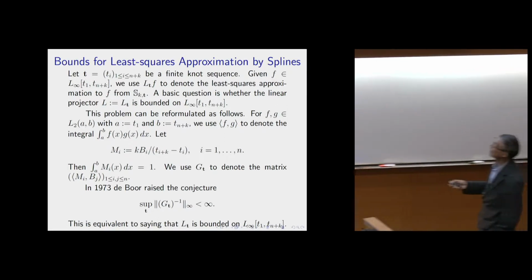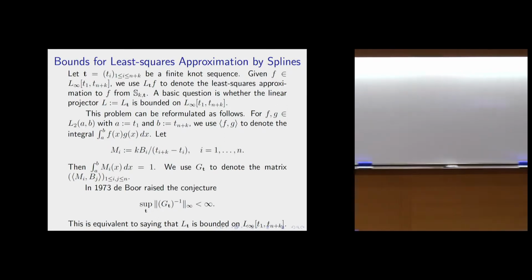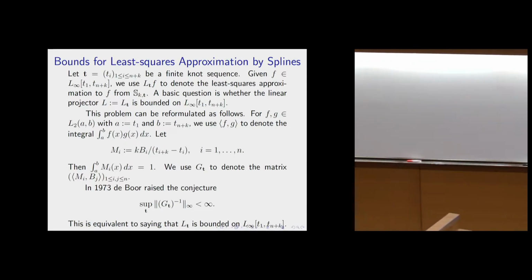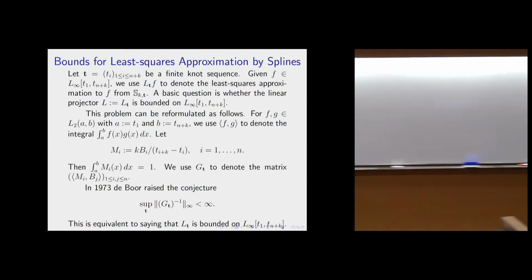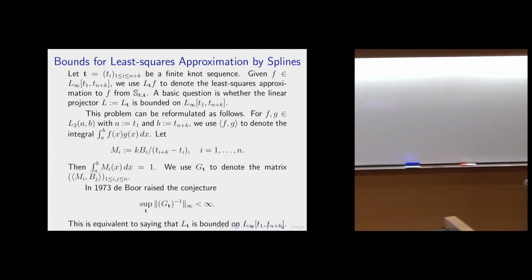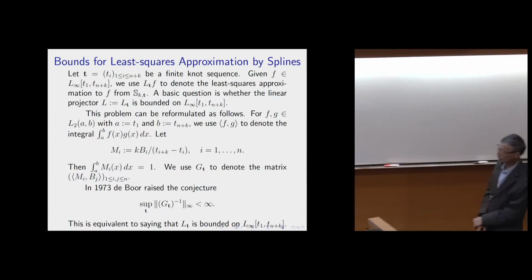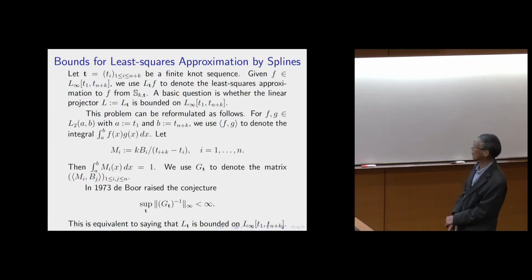In 1972, or published in 1973, Carl de Boor raised the conjecture and also offered a prize to solve it. That is the supremum. The bound should be independent of the sequence, but of course it must depend on k, the order of the splines.